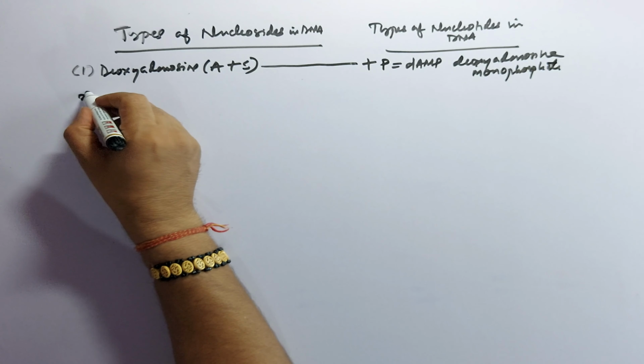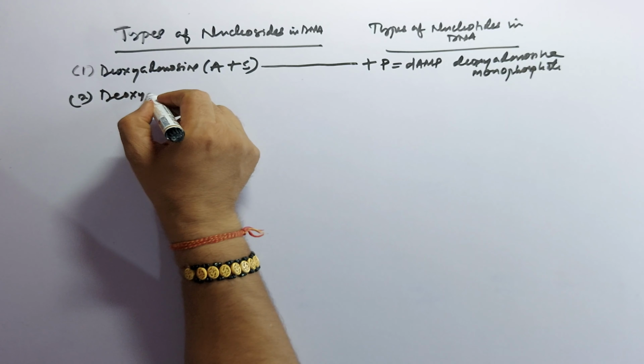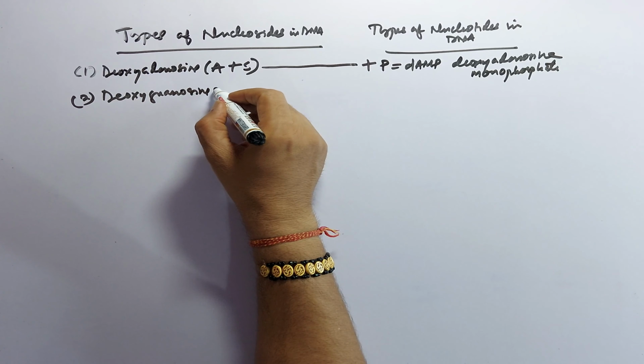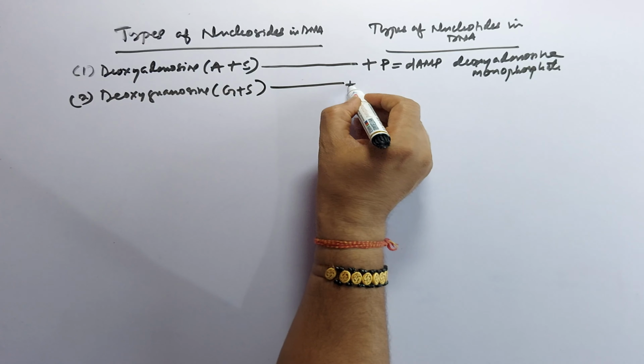Like that, the second one is deoxyguanosine. This is G plus S. When added with phosphate, it changes to dGMP. dGMP means deoxyguanosine monophosphate.